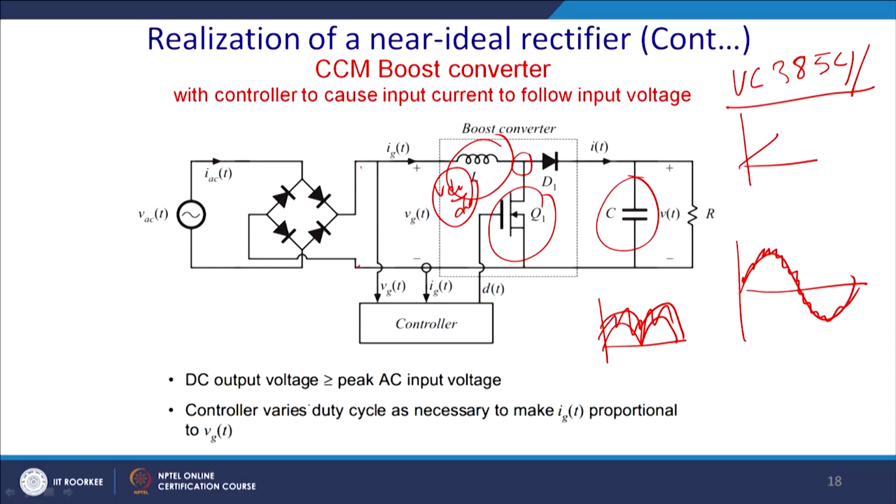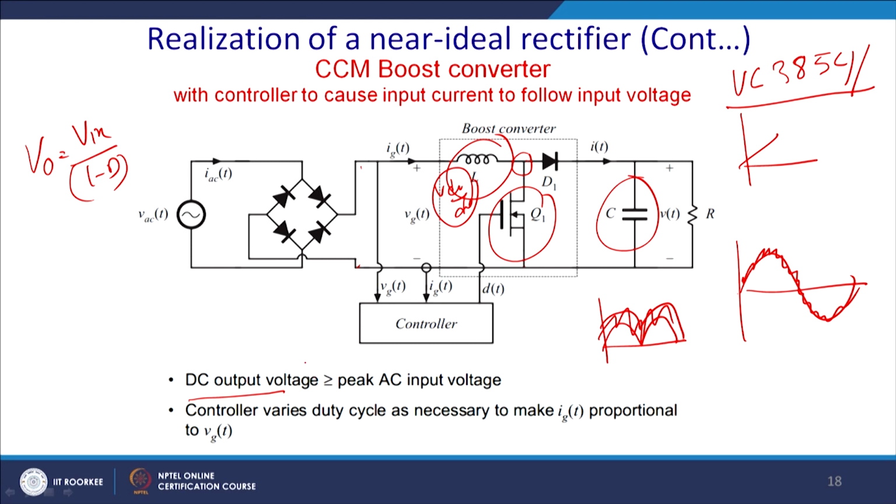The DC output voltage here, since it is a boost topology, will be boosted up. Essentially, you know that in boost topology, Vin over 1 minus D is the conversion ratio, where D is the duty cycle of Q1.